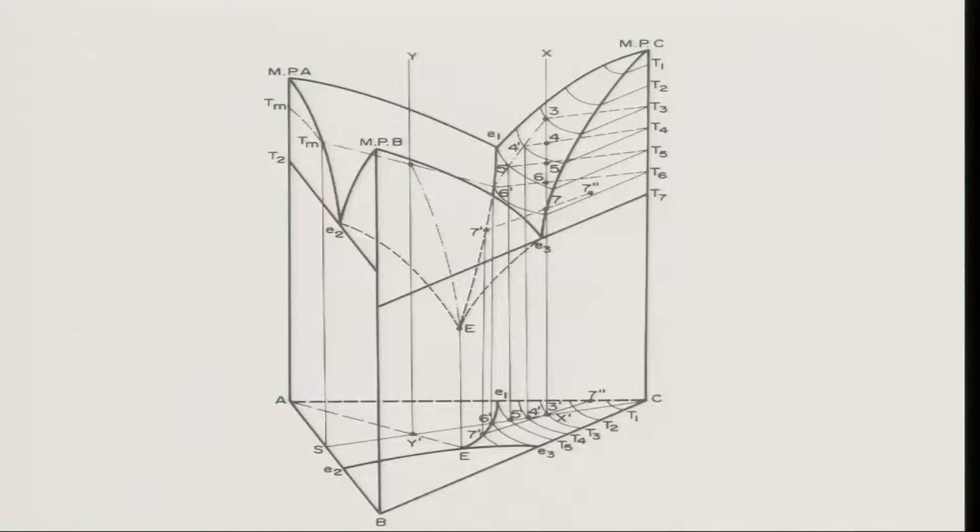These are falling on these cups of the liquids. Okay, on any of these cups, this one or this one or this one, they will be solidifying as a Ternary eutectic.